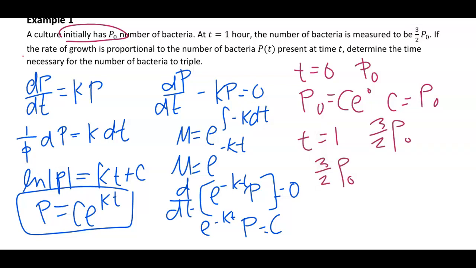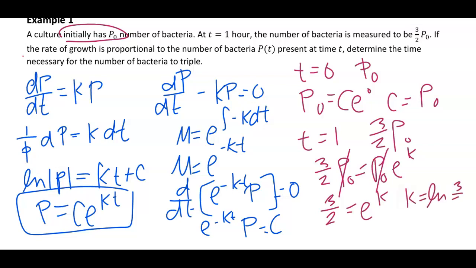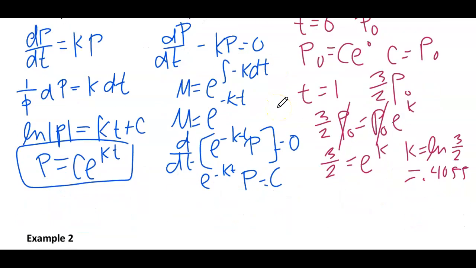So 3/2, or 1.5, P naught equals P naught e to the k. These will cancel. I get 3/2 equals e to the k. If I take the natural log of both sides, k is the natural log of 3/2, which ends up being 0.4055. Sorry, I had to check my notes on that one.